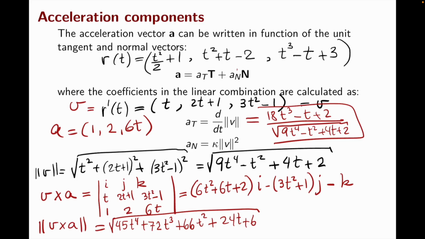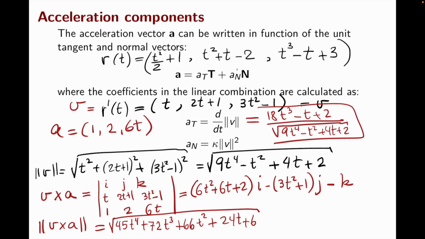Okay, so this is the absolute value of the cross product. And so the two things that we need to calculate the curvature are this and this, right? So the norm of the actual vector v.